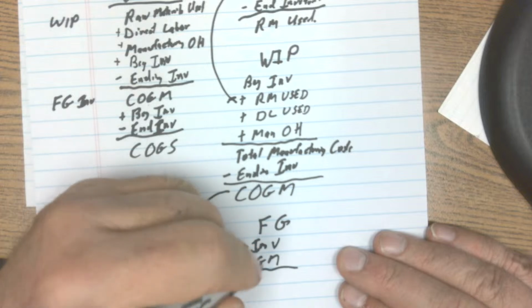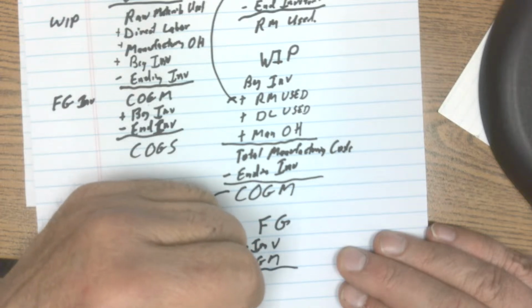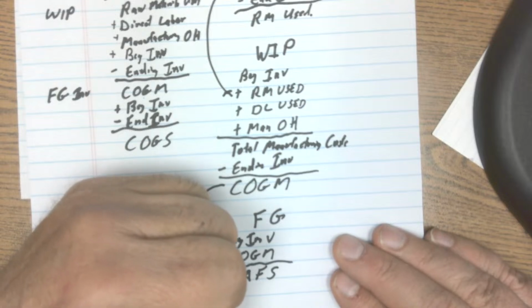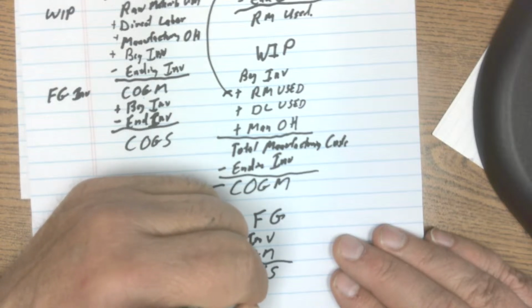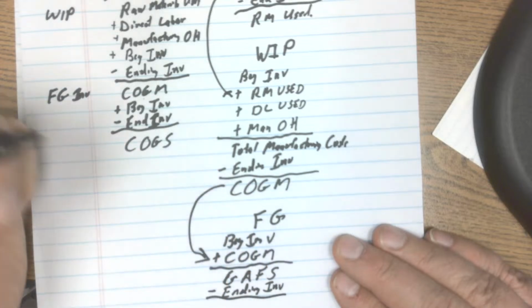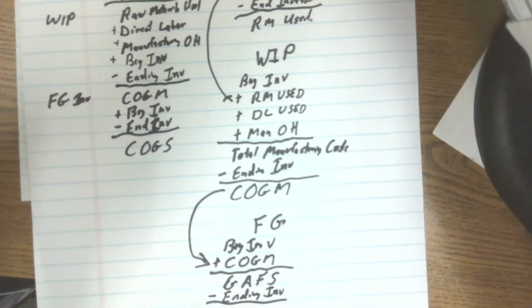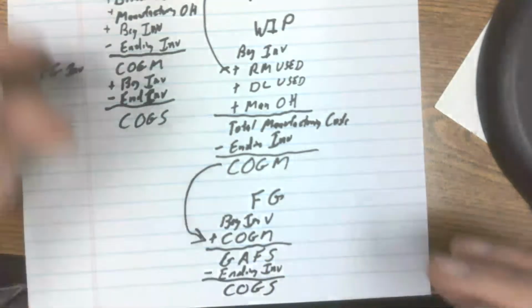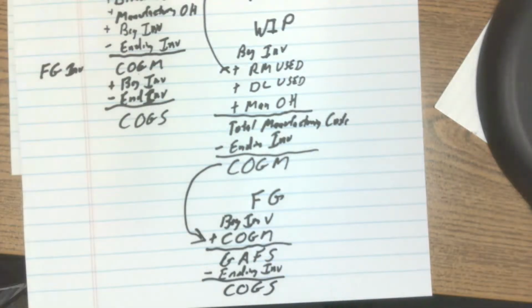And that gives me goods available for sale. Subtract off the ending inventory, and that will give me cost of goods sold. And if you work through it mathematically, they're identical.